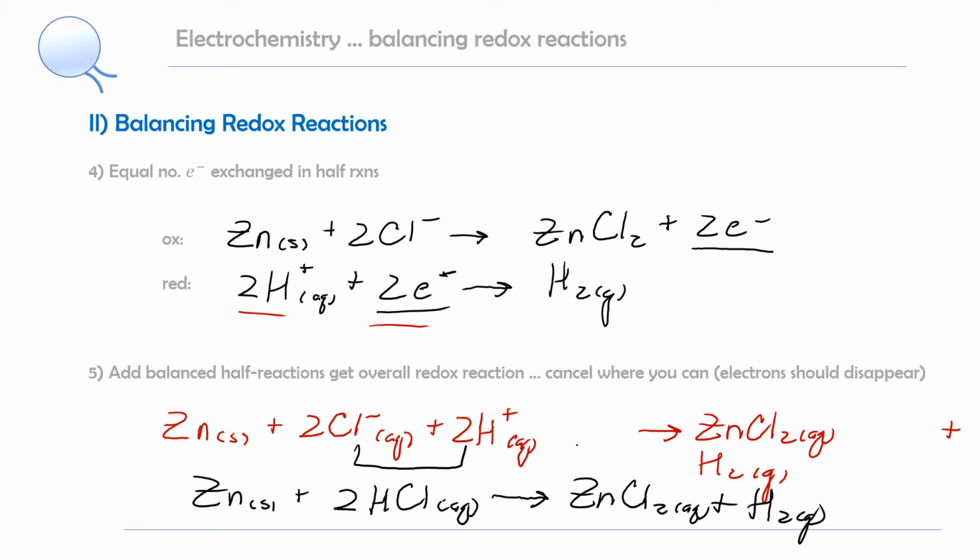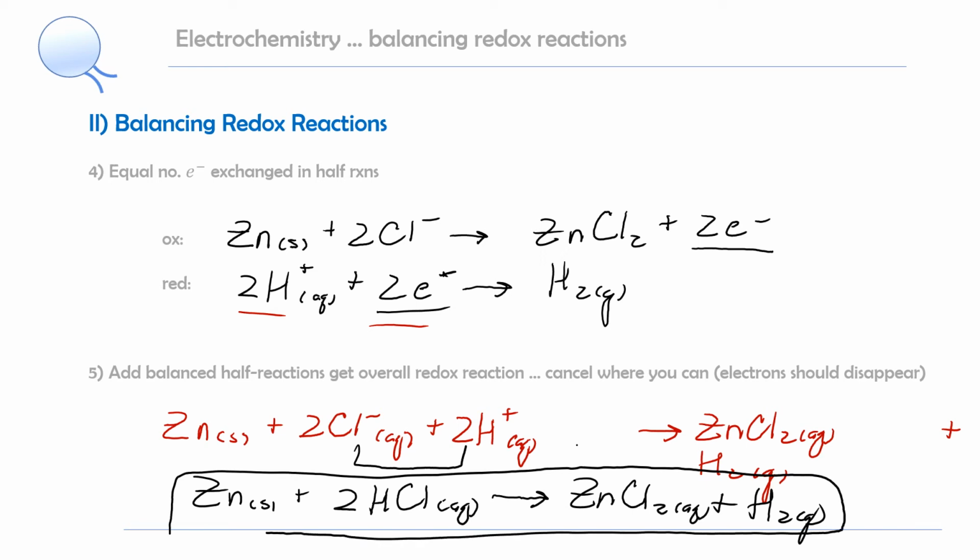There's your balanced redox reaction. Once again, the only way we knew that was a redox reaction is to go in and assign oxidation numbers. It's a 2 electron exchange for this reaction, and we are now balanced.